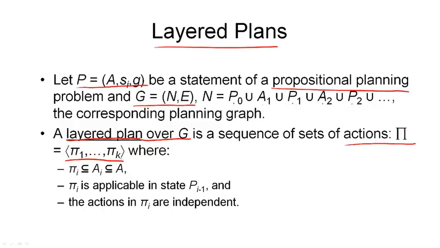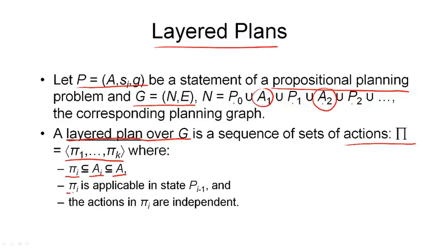And for each of these sets, we must have the following conditions true. So the ith set in this sequence, pi i, must be a subset of the actions in the ith action layer of the planning graph. So that would be for A1, this one here, for A2, this one here, and so on. So pi i must be a subset of the actions in that action layer, which are of course a subset of all the actions that are available.